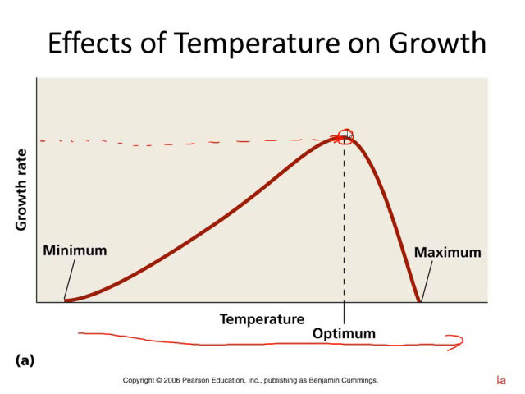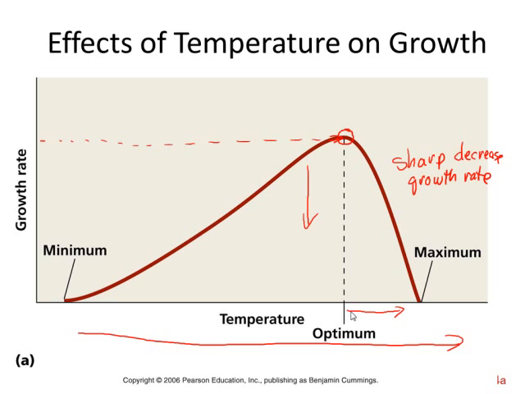Now, as we begin to deviate towards either warmer or colder temperatures, notice how the growth rate decreases in both cases. Let's first talk about the effect of higher than optimal temperatures. Notice the sharp decrease in the growth rate. We see that the growth almost falls off a cliff.